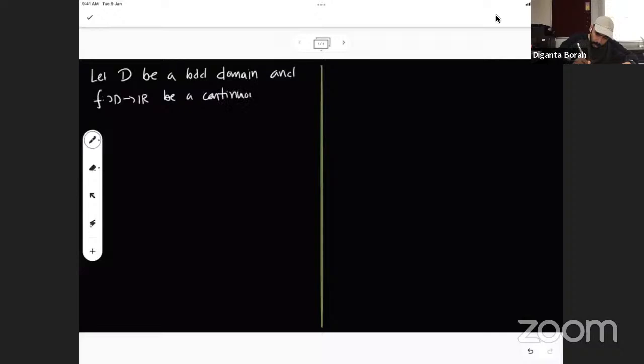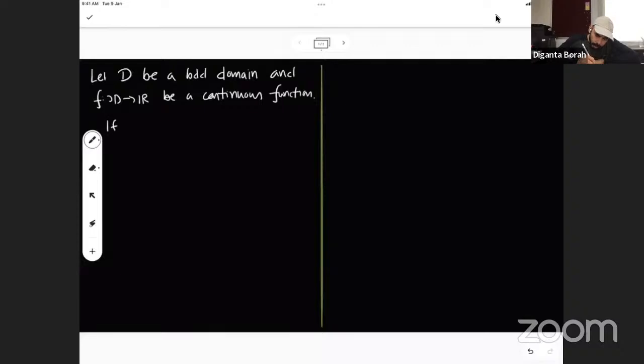So let D be a bounded domain, and f from boundary of D to R a continuous function. So we are considering a family called the Perron family. So members are the following.